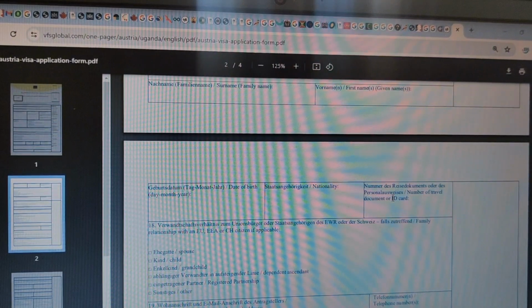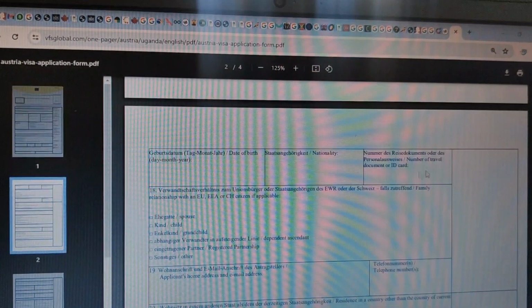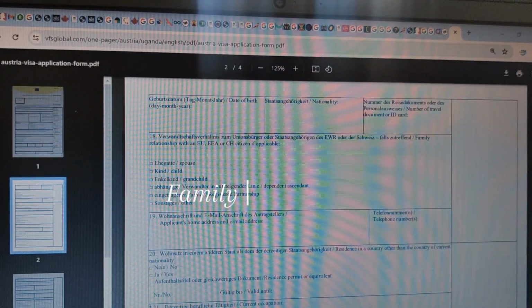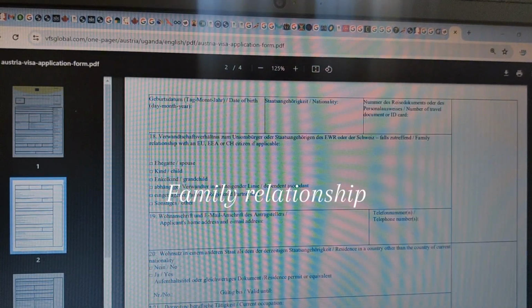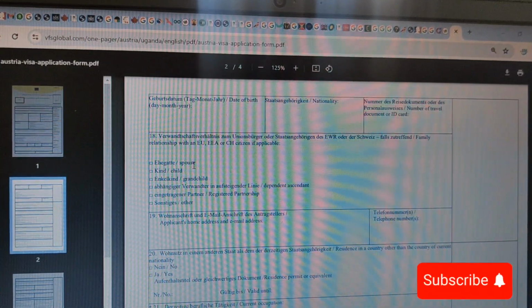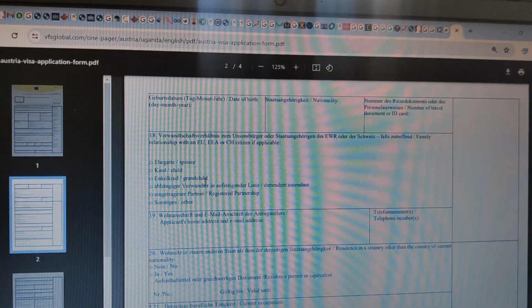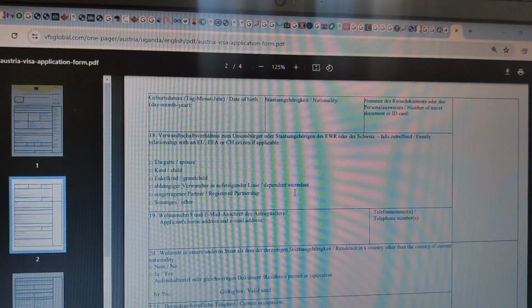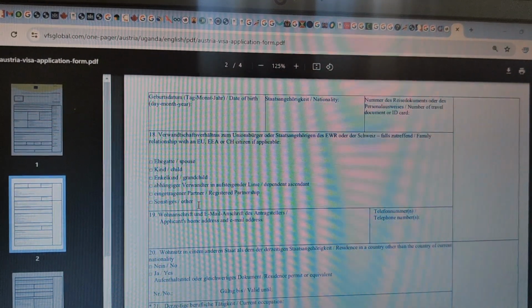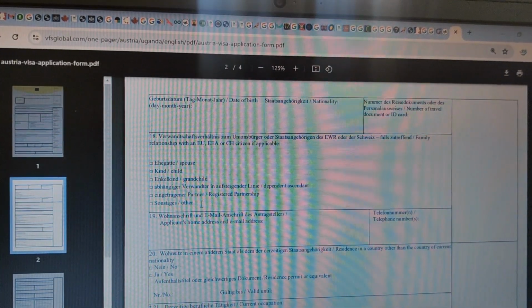Their nationality, number of travel document or ID card, family relationship with an EU, EEA or CH citizen, if applicable. It's either a spouse, child, grandchild, dependent, ascendant, registered partnership or other, you specify.